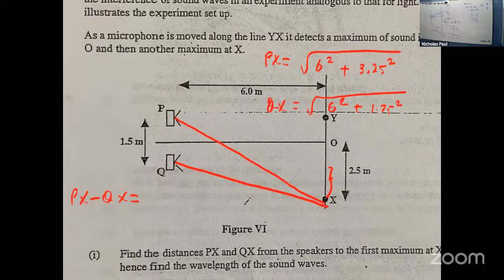I got 1.69. You guys have 0.57, right? I have 0.69. That's 3.25? 1.25, 1.75. 1.75.